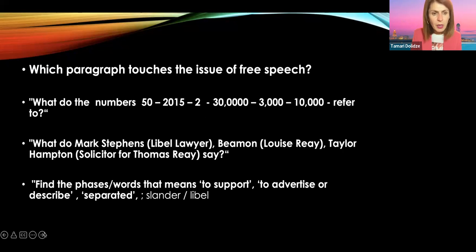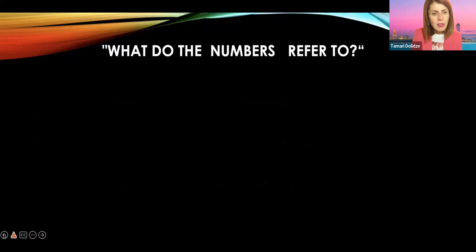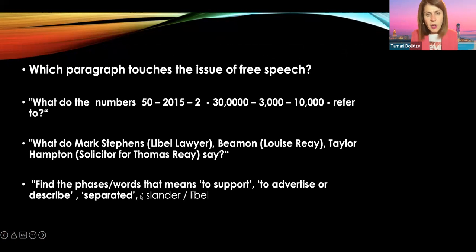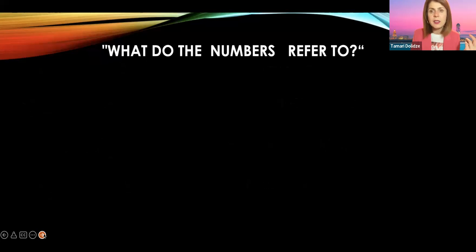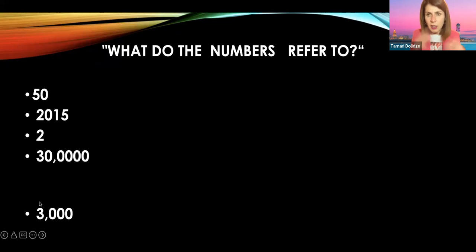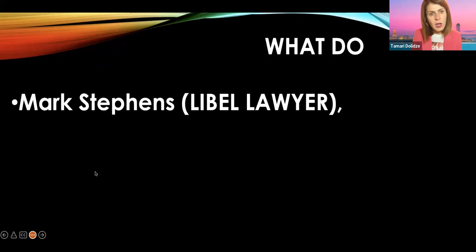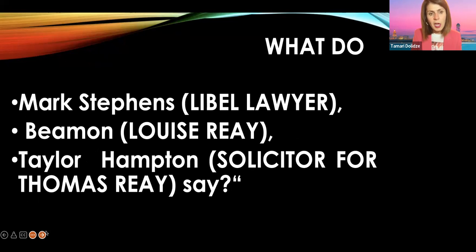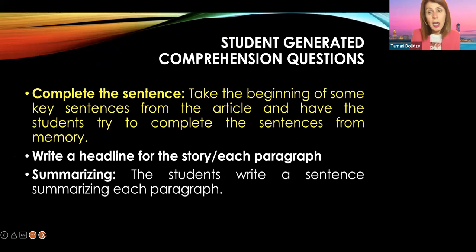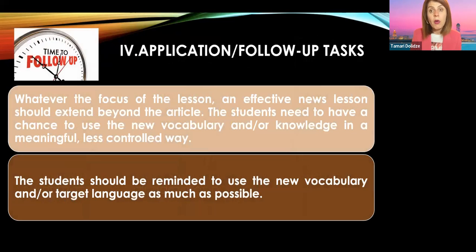And students can be asked to find the phrase which means to support, to advertise, to describe, or separate it, etc. Students can be given all these numbers, and we can check their understanding after the second reading or after the scanning stage. So these are more or less all the activities which we do during the skimming and scanning stage.